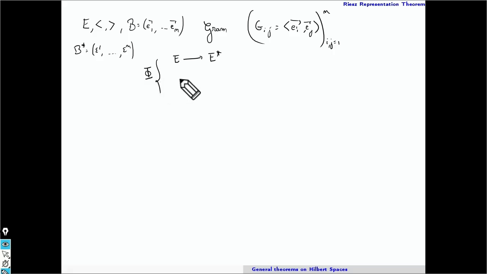So we define the map of the theorem, and let us see what it does to a basis vector. So it maps it to this linear map. So let us evaluate what it gives on an arbitrary vector y. So it just gives the inner product of y with ej.